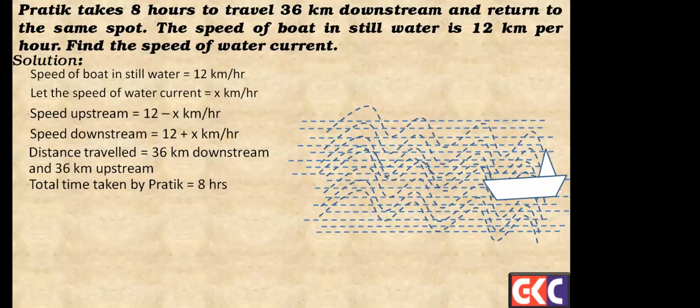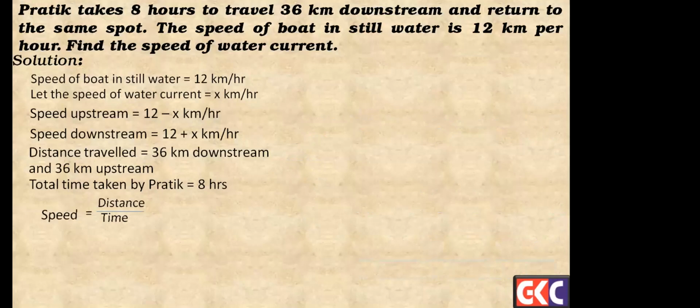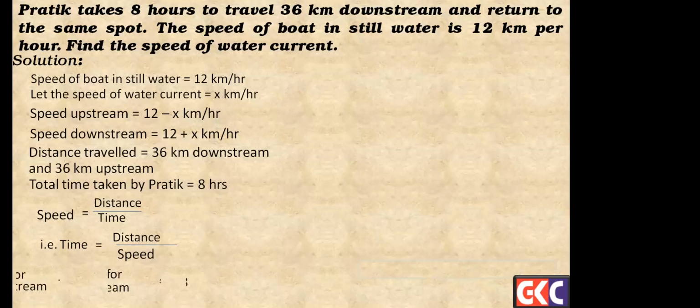Now with this, our famous formula: speed equals distance upon time. The same formula can also be written as time equals distance upon speed. अब step by step. Total time 8 hours है. अब total time में मतलब क्या हुआ? First he went downstream and then he came upstream.